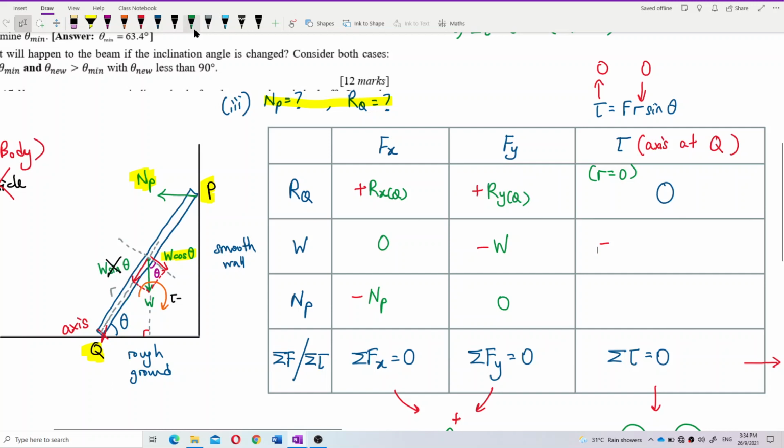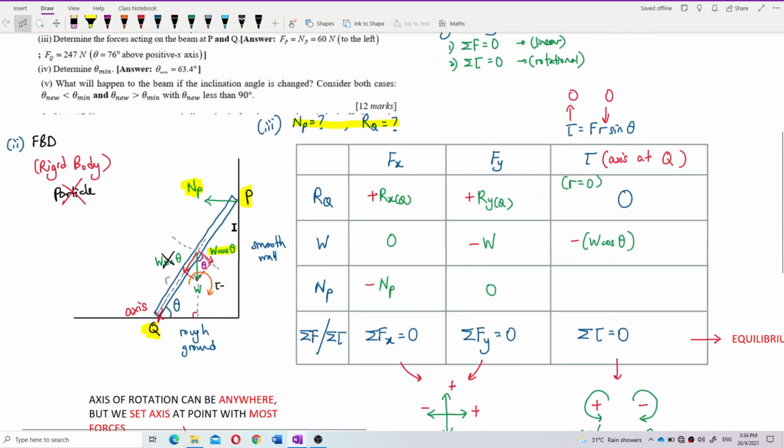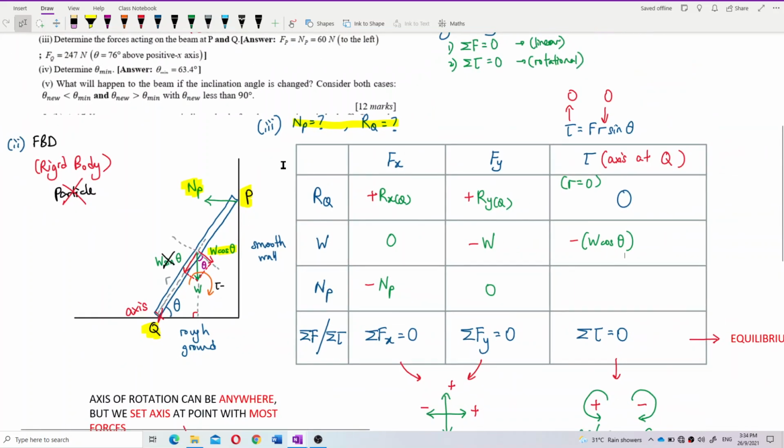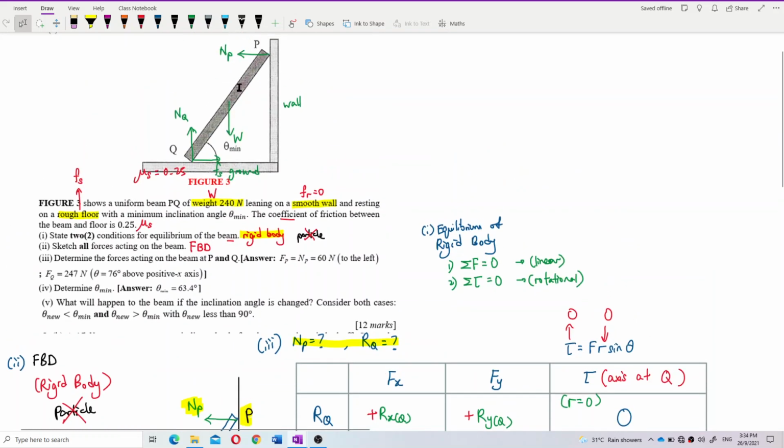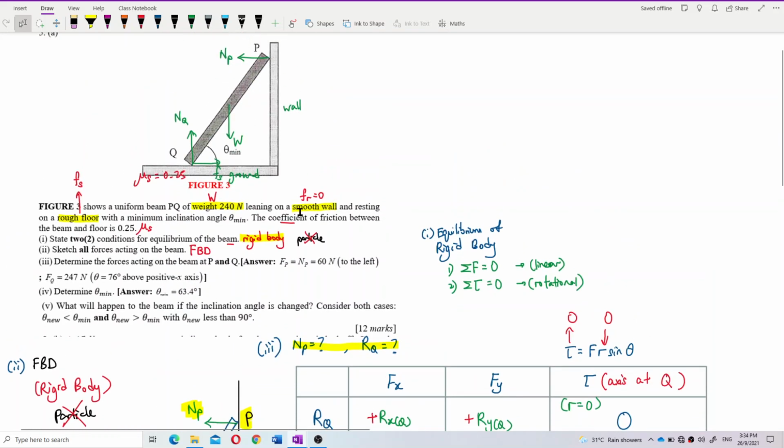So write it down here: W cosine theta multiplied by the distance. How far is the distance? What's the r here? It's half of the length. Do they give you the length of the beam? No, they just give you the weight but no length of the beam.